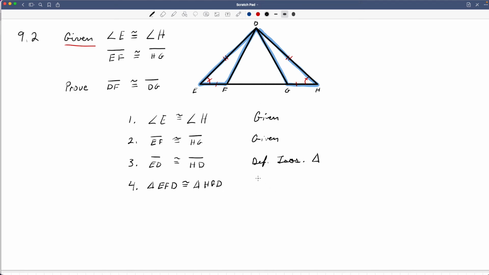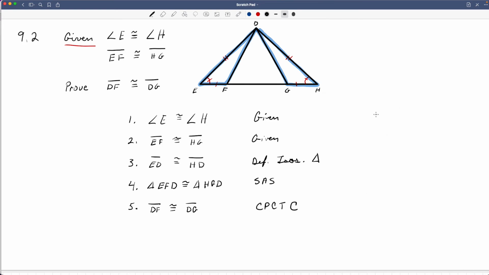And then that is going to be side, angle, side, because I have a side, angle, side, side, angle, side. So SAS property. And then therefore, segment DF is going to be congruent to segment DG, because congruent parts of congruent triangles are congruent. And that is how we would write that proof.